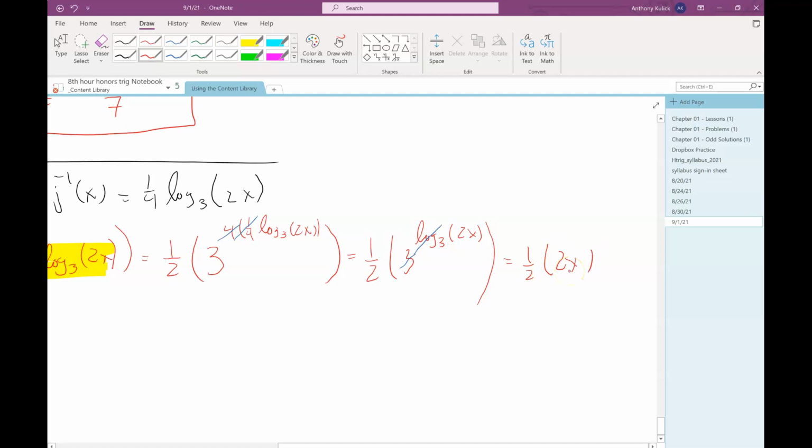Then I have 1/2 times 2x. So 1/2 and 2 cancel out. I'm left with just x. Yay! But I'm not done, because I still have to do the other direction.